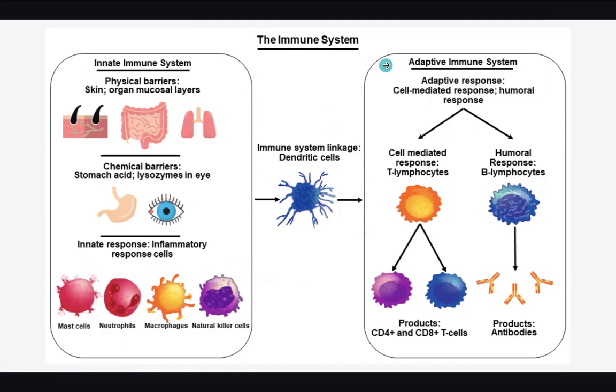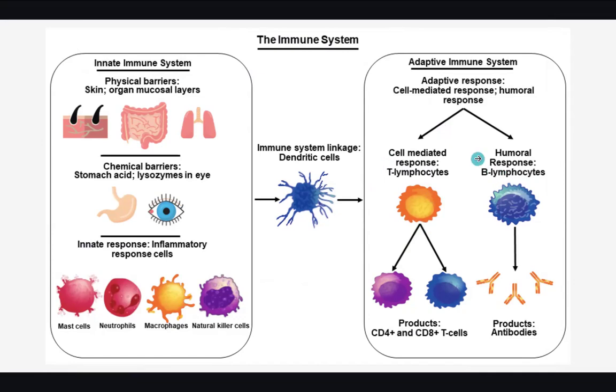Now, when we say adaptive immune system, this could be a cell-mediated response, or it could be a humoral response. Meaning, if we have a cell-mediated response, you have here the role of the T lymphocytes, which are produced basically in the T cells. These are the killer T cells, which would attack the microorganism directly.